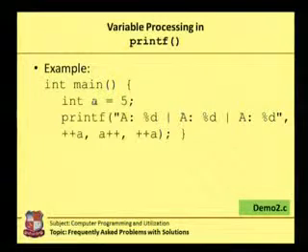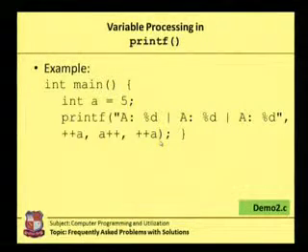So the value of a is 5. It starts processing variables from last because this variable requires processing. Simply, if it is a variable, we don't require processing, only values are replaced in sequence. So the first value is given to the first %d, the second value to the second %d, and the third value to the third %d. But in case you require processing, processing starts from last.